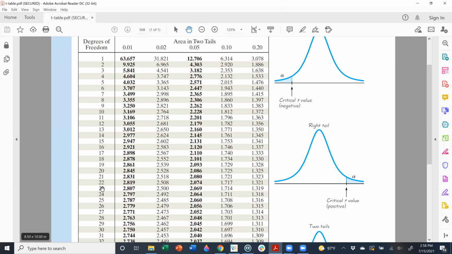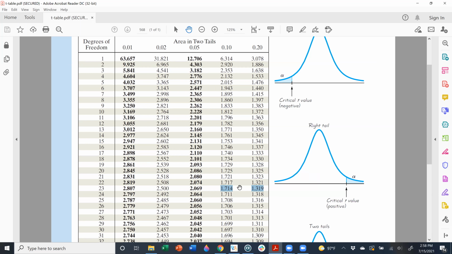If we go into the 23 degrees of freedom, if I want to find right in here where the t-value is, 1.3975 looks like it's between these two. Would you agree with that? Okay, 1.3975. Yeah, so it's got to be in between these two.